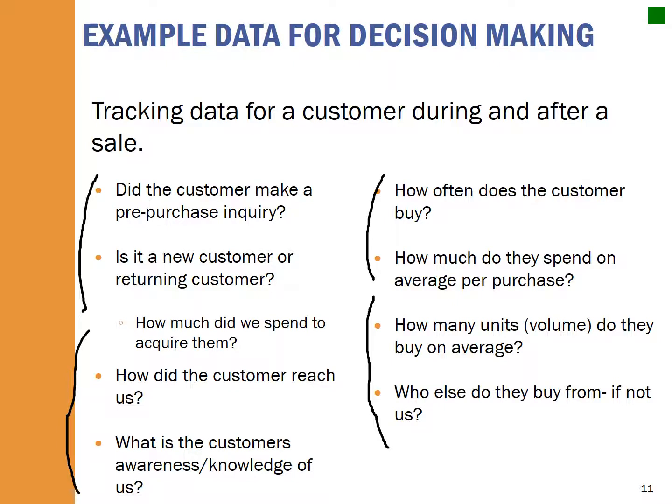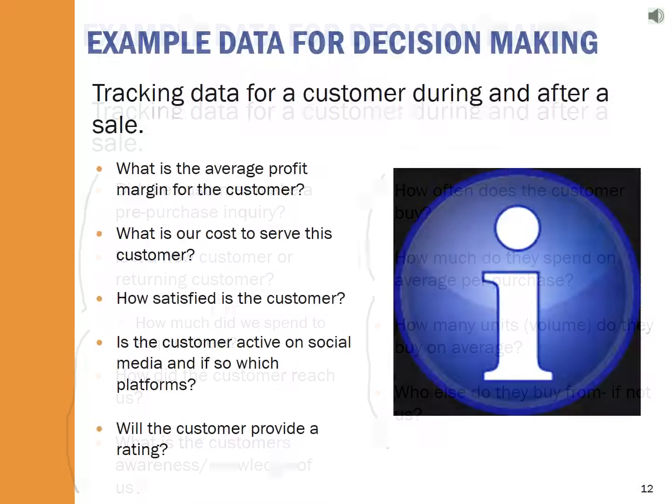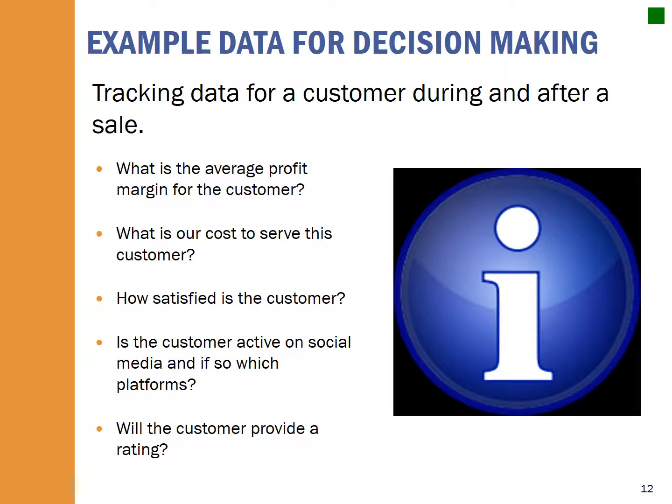Exactly why and how did they come to us? How much did they buy? How many units did they buy? How much did they spend with us? How much was our margin? There's a whole bunch of data that happens on an ongoing basis just by virtue of us doing business, and so these are the types of things that we want to gather and get information on.